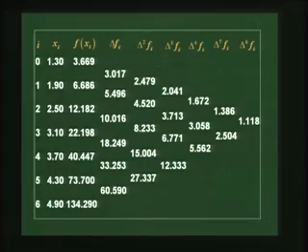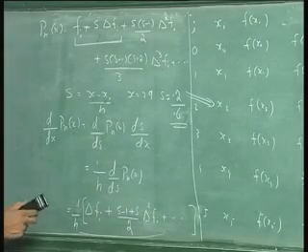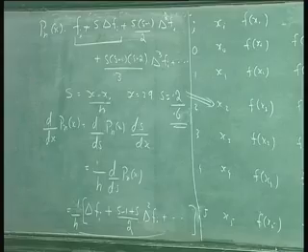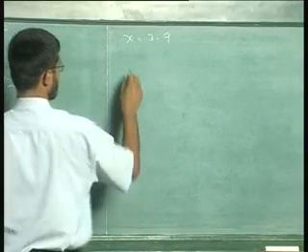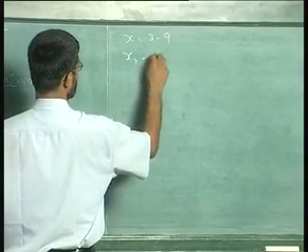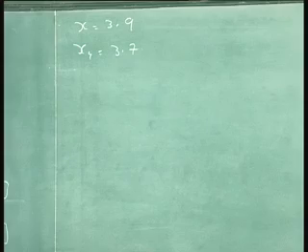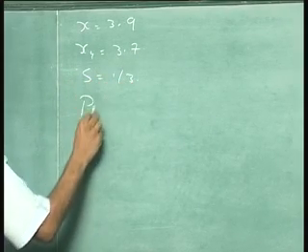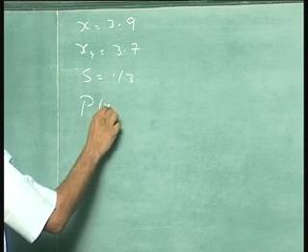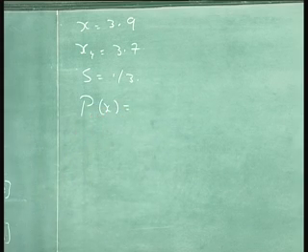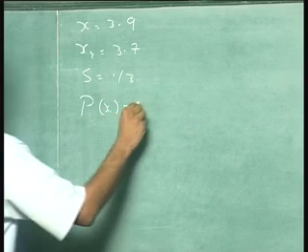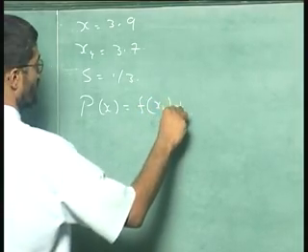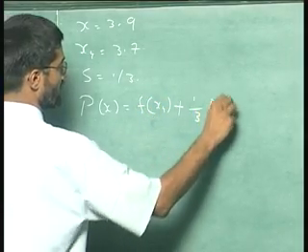Now we have x at 3.9, and we are entering at 4, so x4 is 3.7, s is 1 by 3, and the order 1 polynomial would be f of x4 plus 1 by 3 into delta f4.